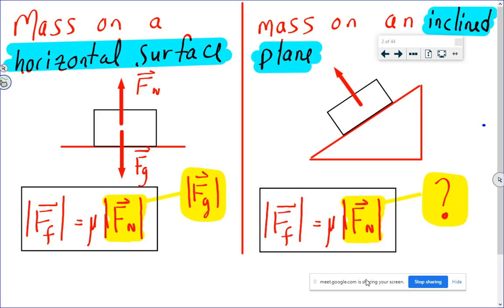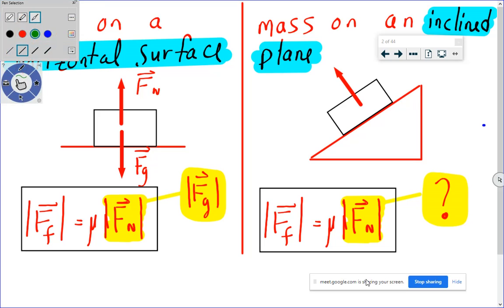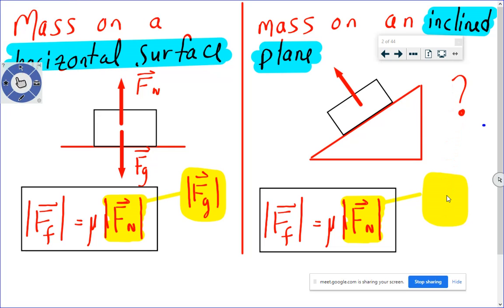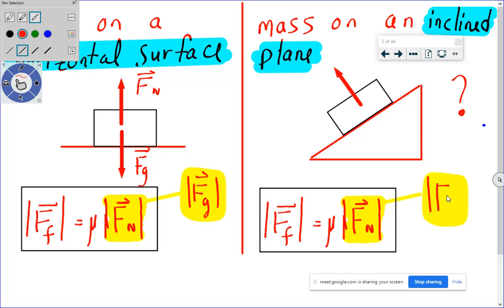Well, what we have just learned is that the normal force is equal to the component of gravity that acts perpendicular to the ramp. So if you were writing this down as a nice summary between the two types of situations, what you can put now is that this is the force due to gravity acting perpendicular to the ramp.